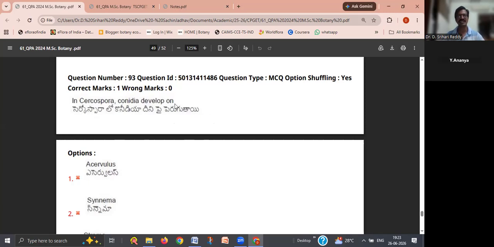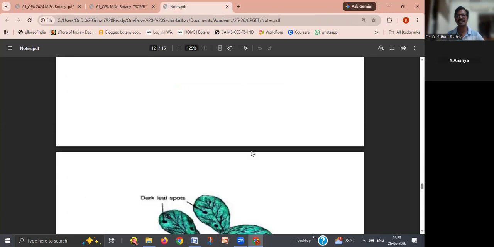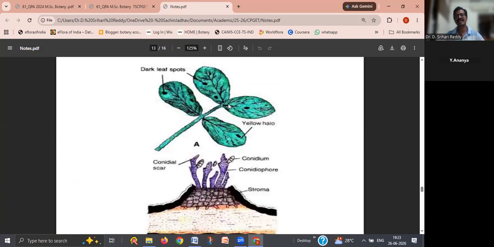Now the question is, from where do conidia develop in Cercospora? You once again see this. This is the tikka disease in groundnut, which is caused by Cercospora.